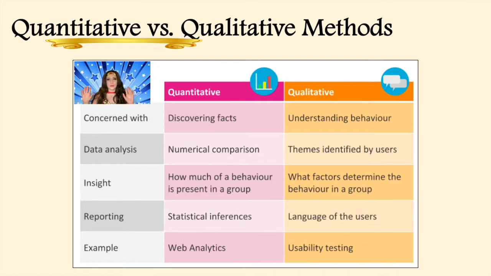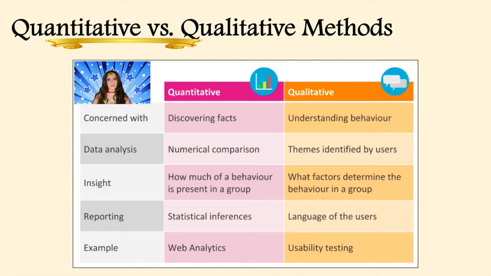But the qualitative research approach focuses on collecting a lot of information from a small group of people, while quantitative research collects high-level information from a large group of people. So depending on the research question you have and the types of answers that you're looking for, that will determine whether you should use a quantitative approach or a qualitative approach.